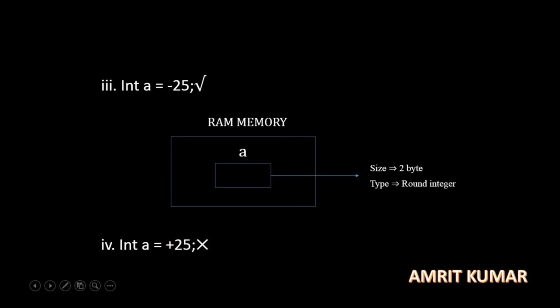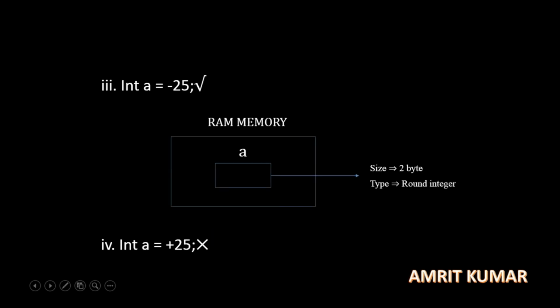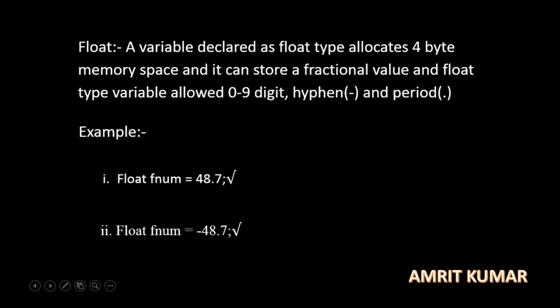Because we have studied here that the int data type variable allows 0 to 9 digits and hyphen, and not any plus or any character. So it is not going to be built into the RAM because of this plus sign. So this is how we have dealt with the integer data type.